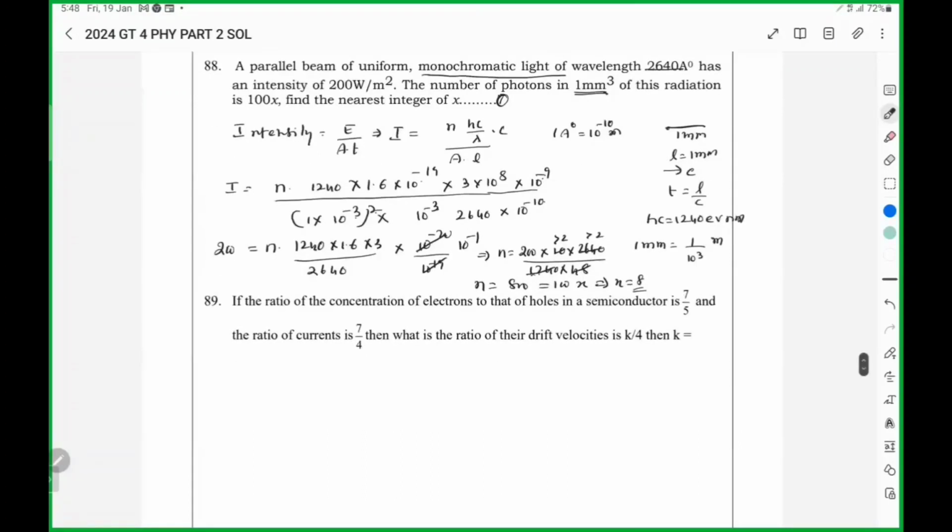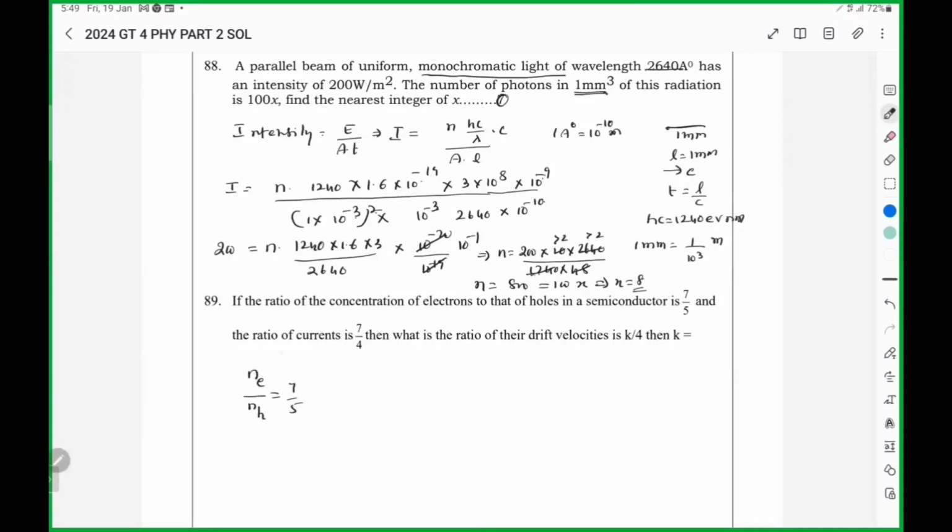Next one here. Ratio of concentration of electrons to that of holes in a semiconductor.